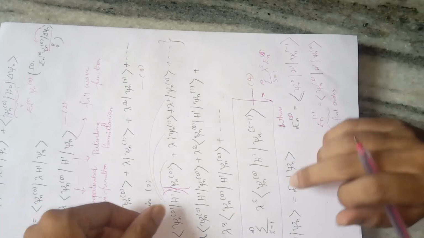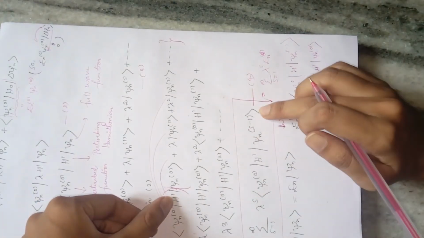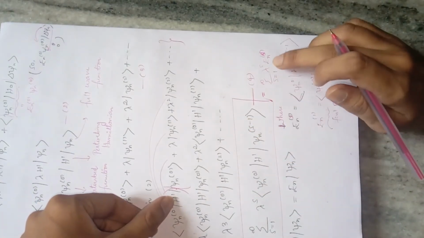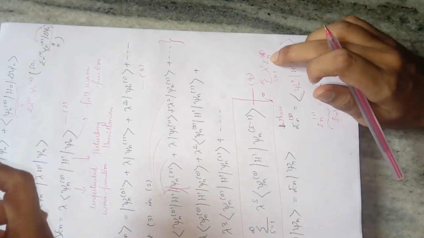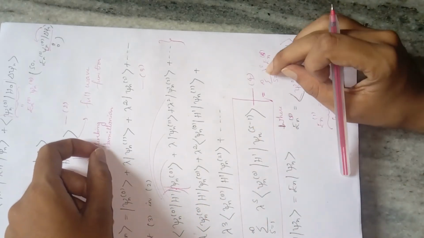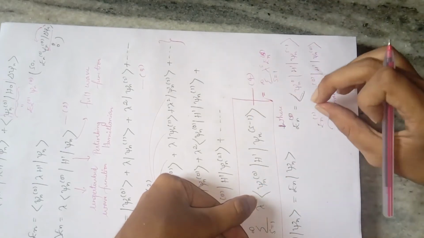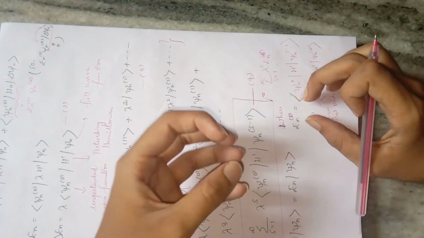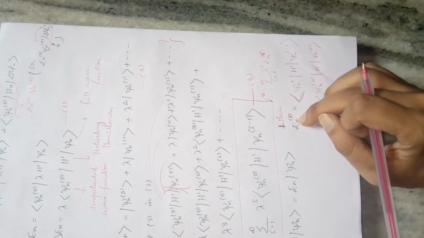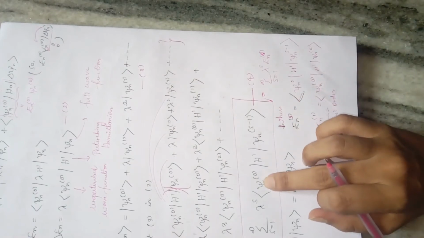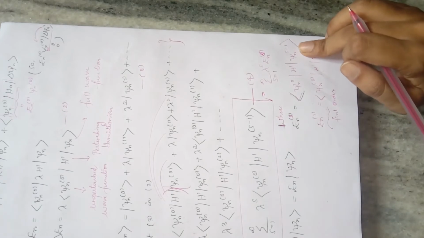Now this whole term, psi n naught H dash psi n s minus 1, we just write as E n s. For simplification, lambda power s E n s is considered as this term. So this is what we wanted, the energy term E n s, equal to psi n naught H dash psi n s minus 1.